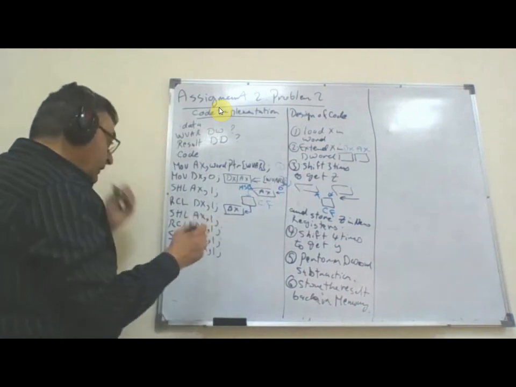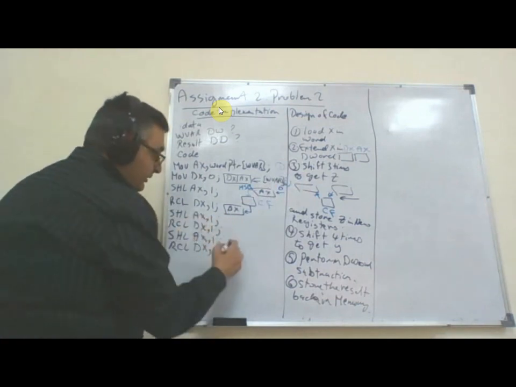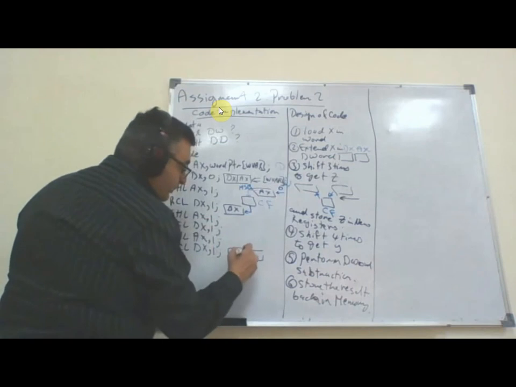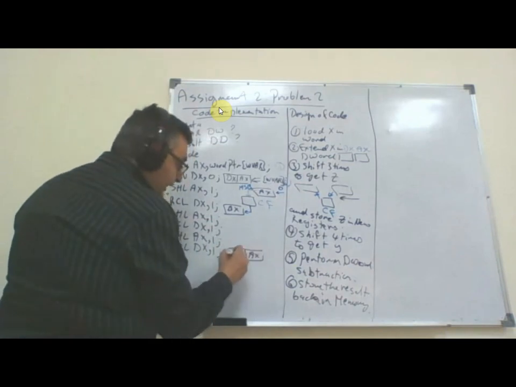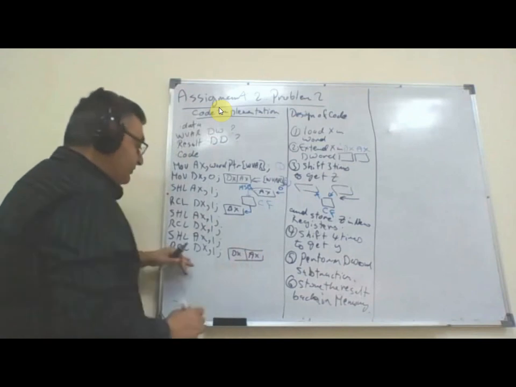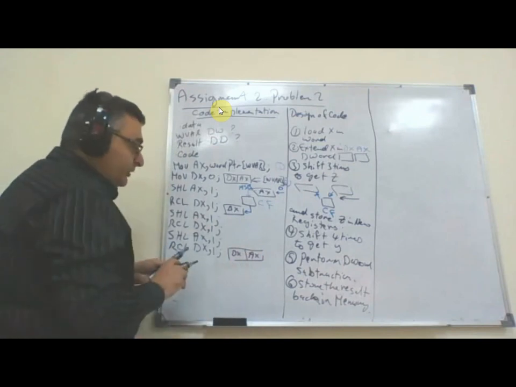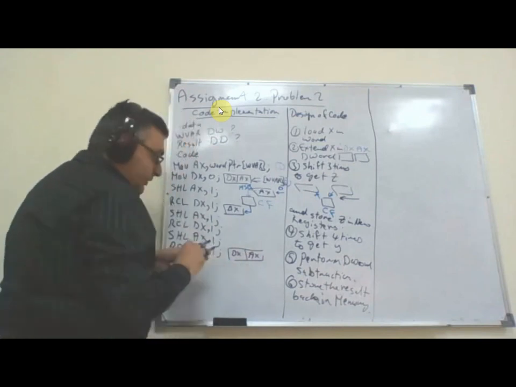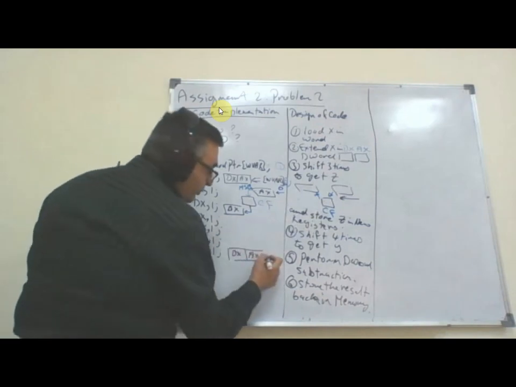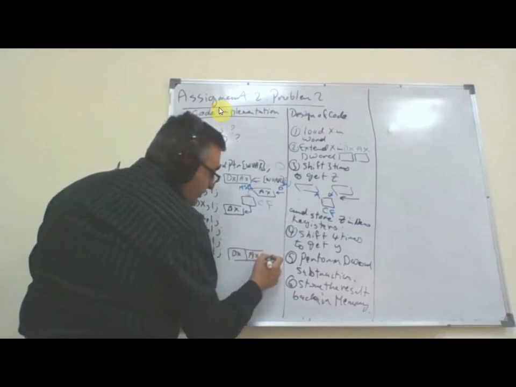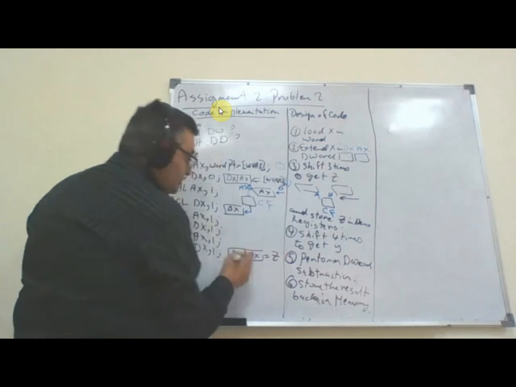Now AX and DX right now after this instruction will carry the number that we call Z. Z is stored.